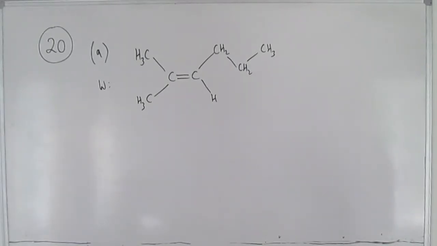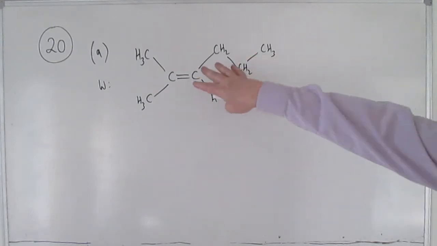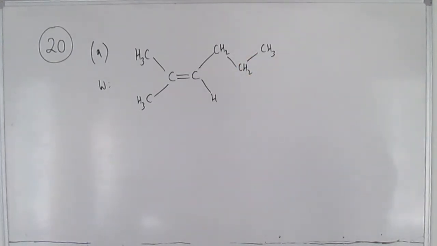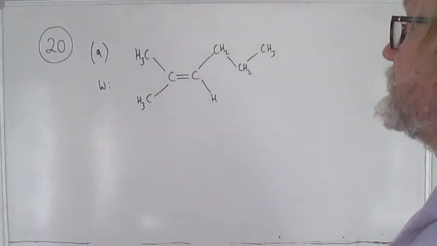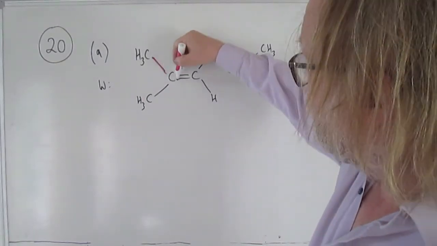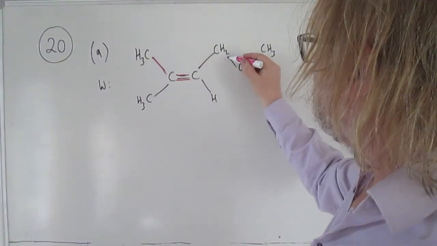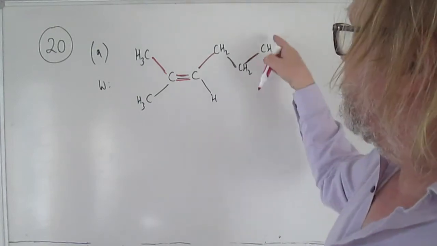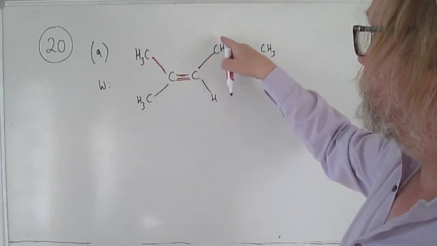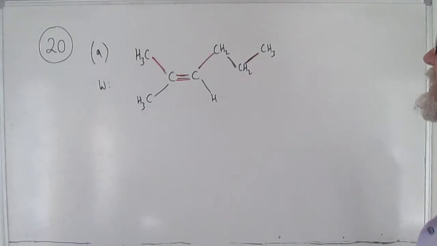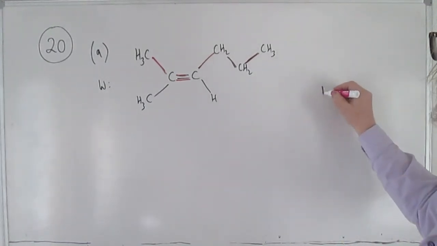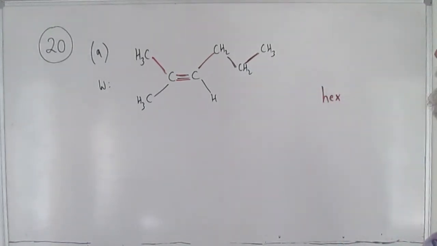In question 20, we first of all have to give a name to this alkene. So we find the longest continuous chain, which is going to be 1, 2, 3, 4, 5 bonds like that. So 1, 2, 3, 4, 5, 6 carbons altogether. So that gives us hex as the root of the name.